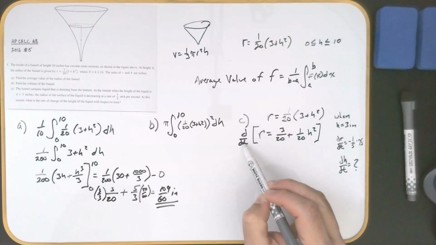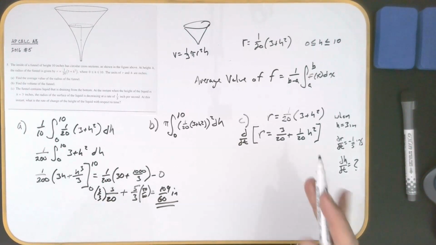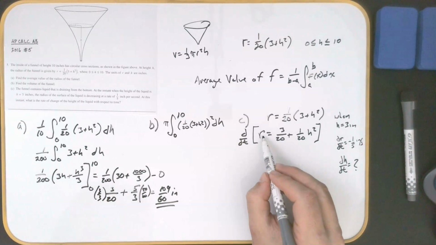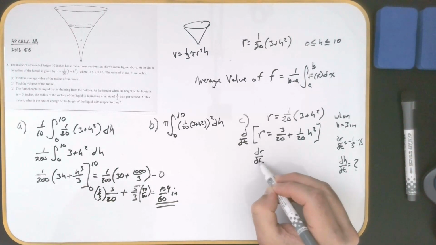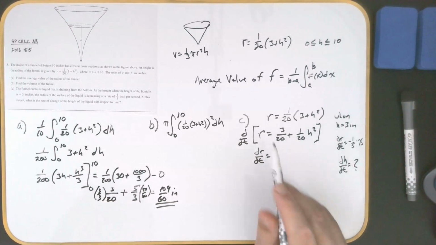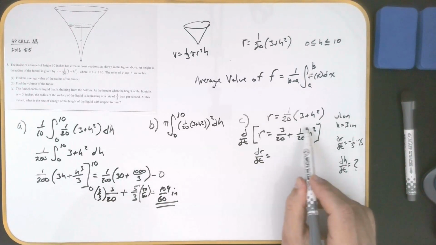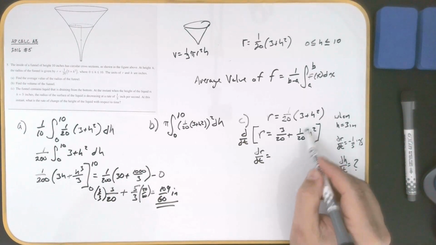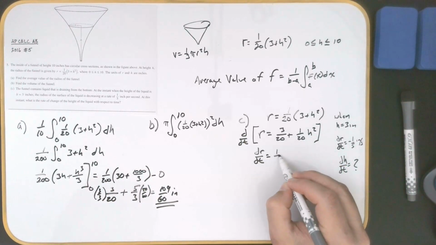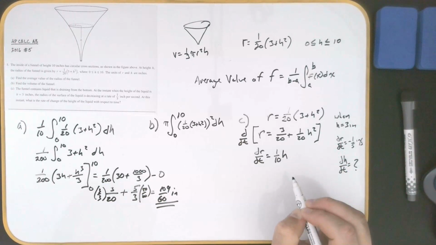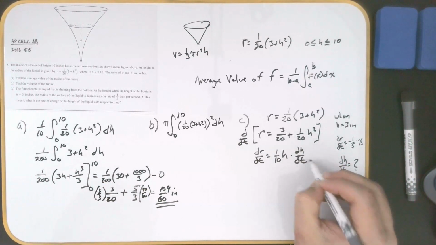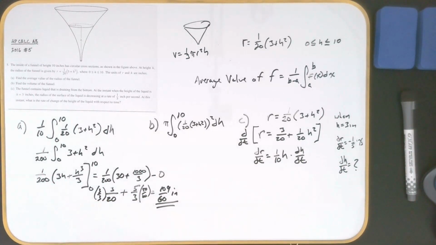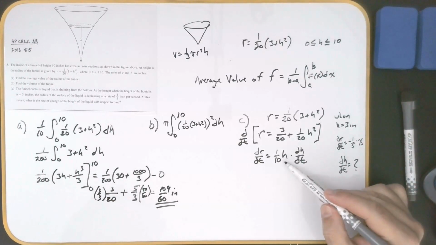So this is kind of like the related rates where we'd say after you have your equation, take d dt of it. So the derivative of r is 1, variables don't match. I have dr dt is equal to the derivative of 3/20, 0. The derivative of 1/20 h squared, 2 times 1/20 is 1/10 h to the first, but my variables didn't match, so I have dh dt. This is the key to the question, is just correctly deriving that. And then it's just a matter of substituting. They told us h was 3, we'll put that in there.